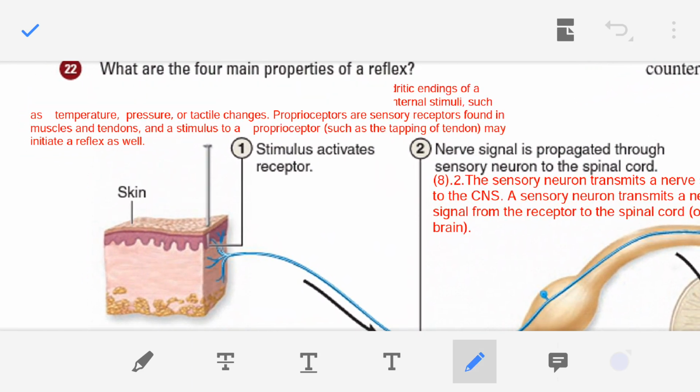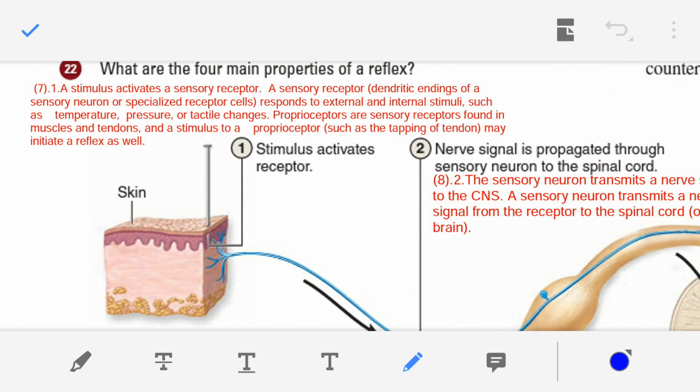In the first step, a stimulus is activating a sensory receptor, in this case the iron nail. The point of the iron nail is poking your skin. It has just made a small puncture in your skin, so the sensory receptors in your skin are activated, and now they are generating the nerve impulse.